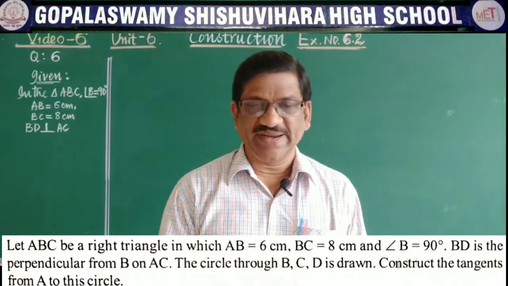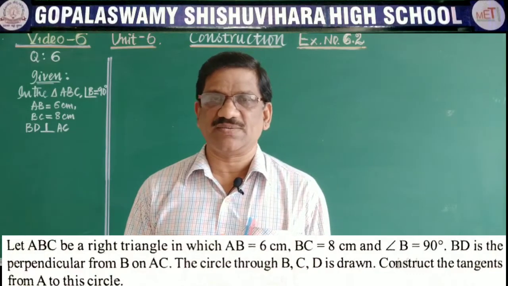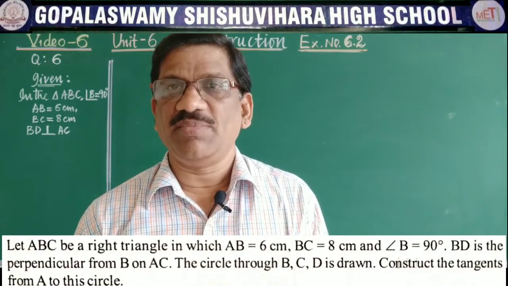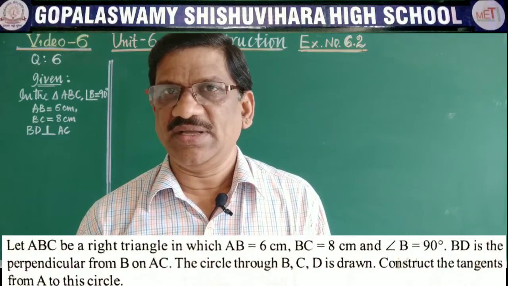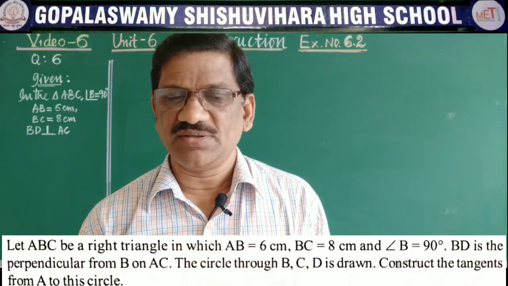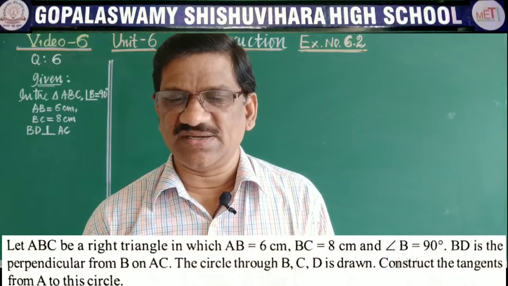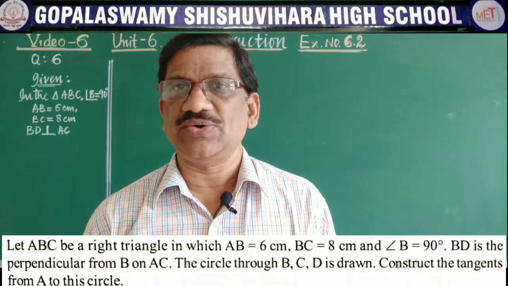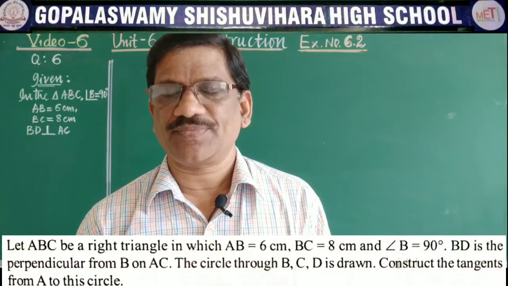We shall go to the next sum, that is sixth sum in the exercise. Let ABC be a right angled triangle in which AB equals 6 centimeter, BC equals 8 centimeter, and angle B is equal to 90 degree.